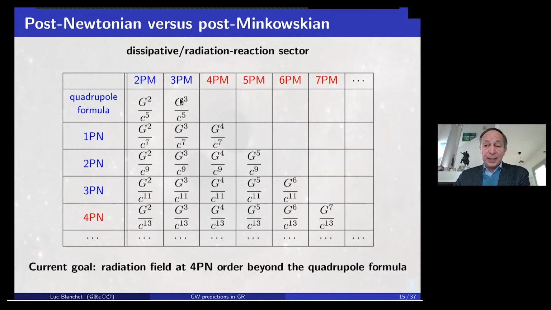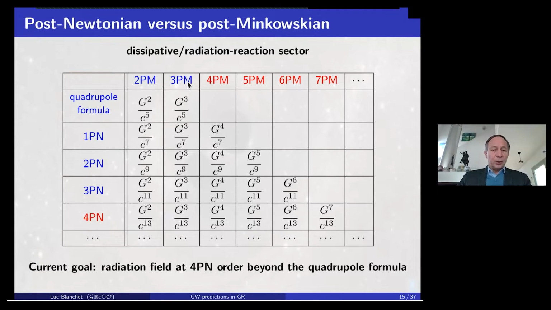And actually, there is also a term of order G cubed, which can be computed with the 3PM approximation. So the 3PM approximation permits to control the quadrupole formula, but in principle not beyond it. Note that the post-Minkowskian approximation controls the dissipative terms because these are radiation reaction terms in the equations of motion or in the Hamiltonian of the dynamics.